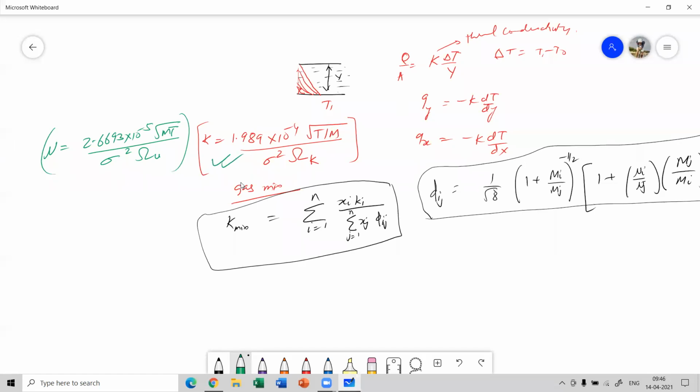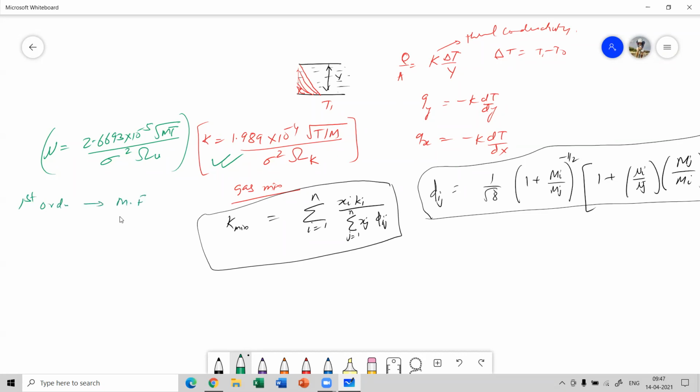Now, when we talk about viscous flow, what we did was we took a small shell balance, applied it over that small element, and as the dimensions of the element approach zero, we end up with a first order differential equation. That first order differential equation represents the momentum flux.